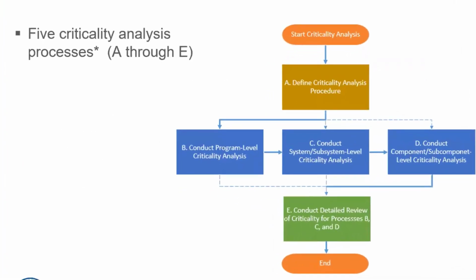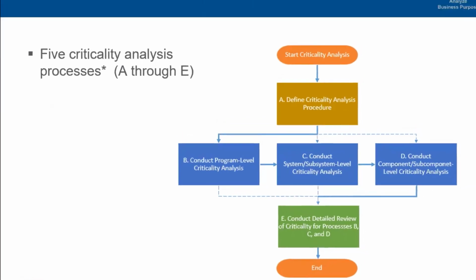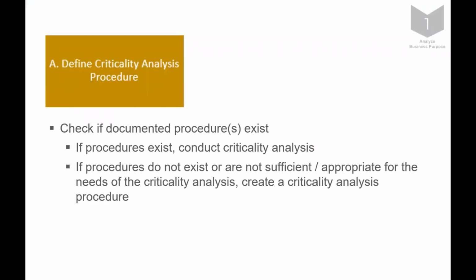So let's take a look at this analysis process. There are 5 areas in the process, and as you can see on the diagram, these areas have an alphanumeric associated with them in a title, letter A through letter E, and we'll talk briefly through each one of these today. So first of all, section A, define criticality analysis procedure.